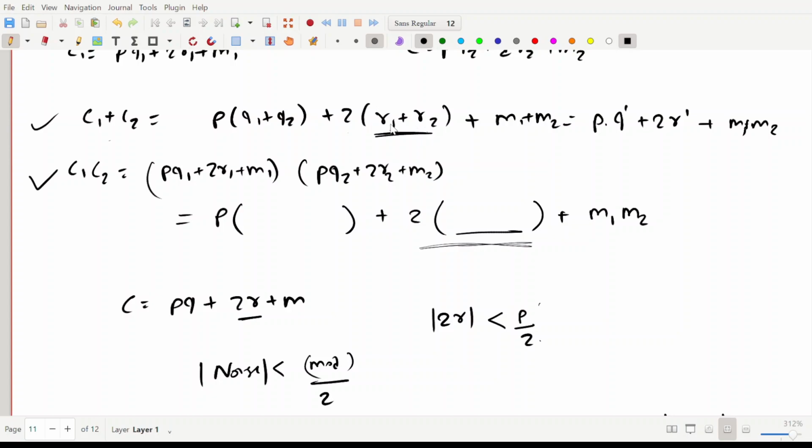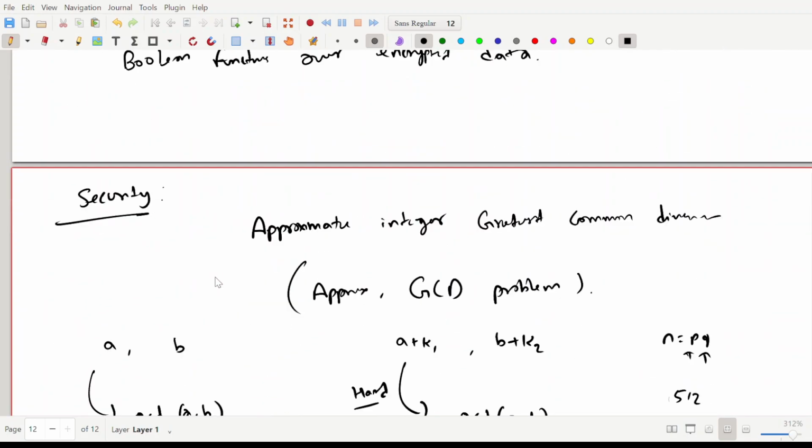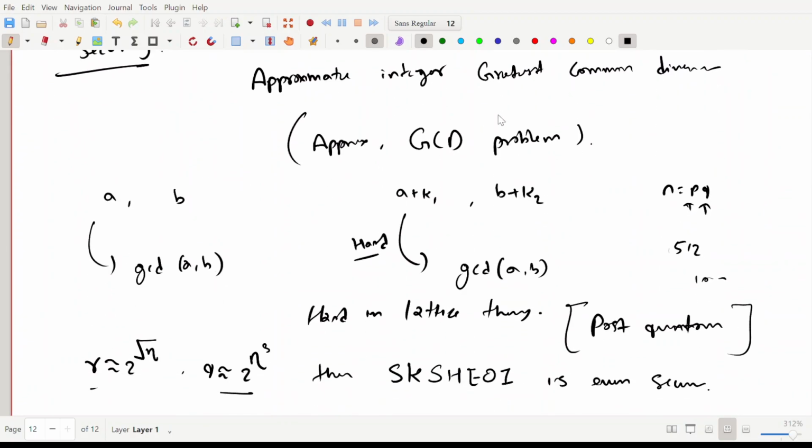I have to make sure that this is less than P by 2. If so, then this can be decrypted perfectly to M1 plus M2. And if I multiply, it has so many terms, so I have to make sure everything is under this bound. That's why it is called somewhat homomorphic encryption. I cannot solve for any function here. And the security is based on the approximate integer GCD problem.